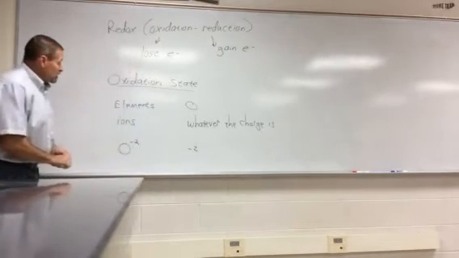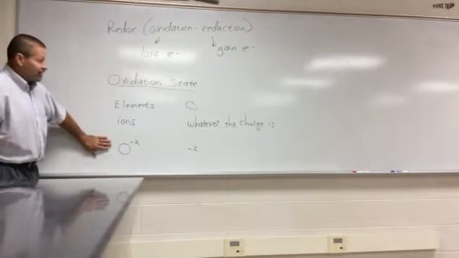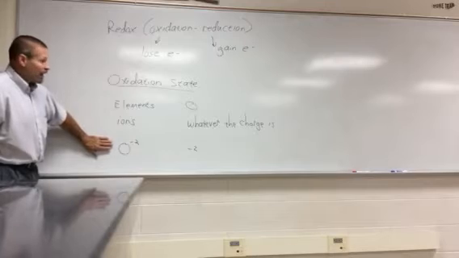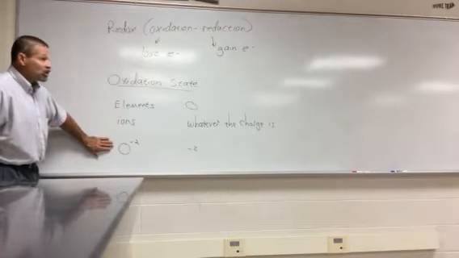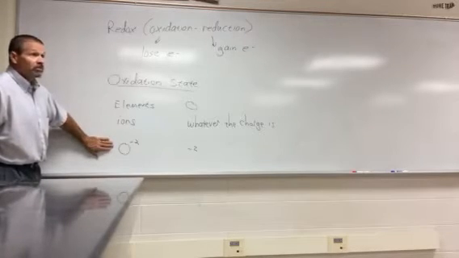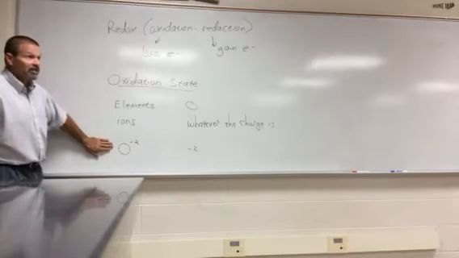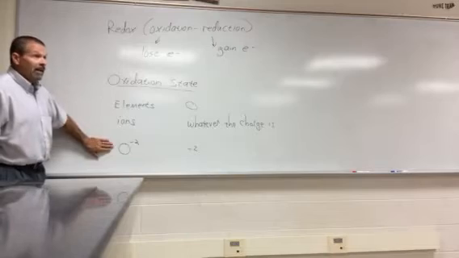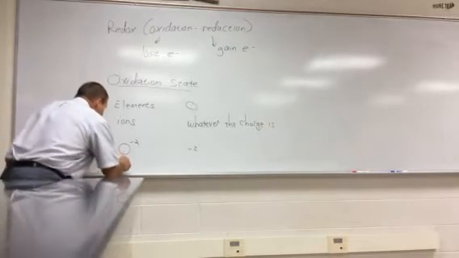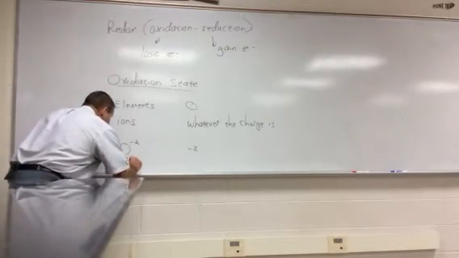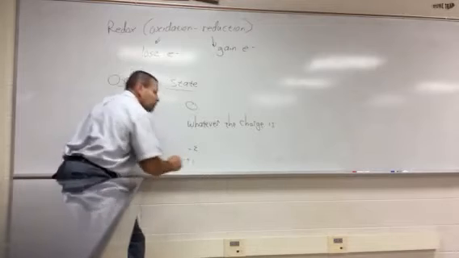Right? Oxygen, when it's an ion, or even if it's in a compound, we treat its oxidation state as -2. I mean, that's true 99.9% of the time. Right? And the other thing you can get a lot of mileage out of is hydrogen being a +1.